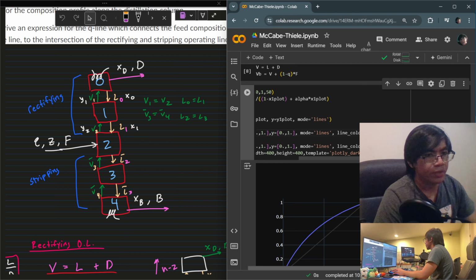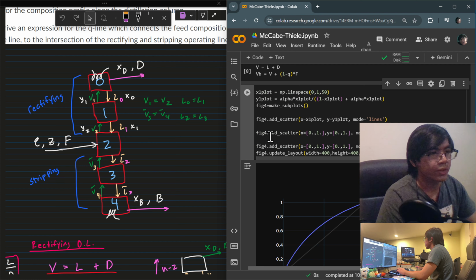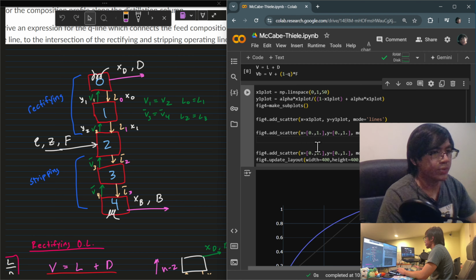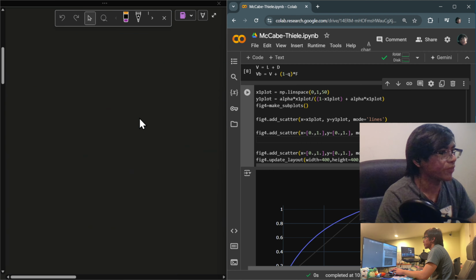And I don't know, make it a different color. So these will not be the same points. Let's see if we can find our points here.